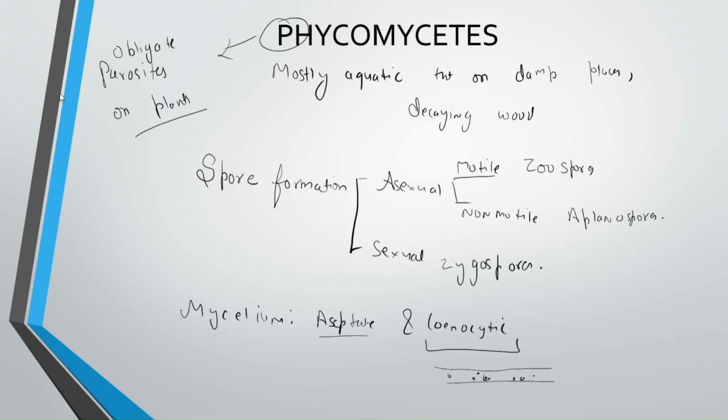And further on we talk about spores, and spores are produced endogenously. The asexual spores are produced endogenously here, which means inside the sporangium.